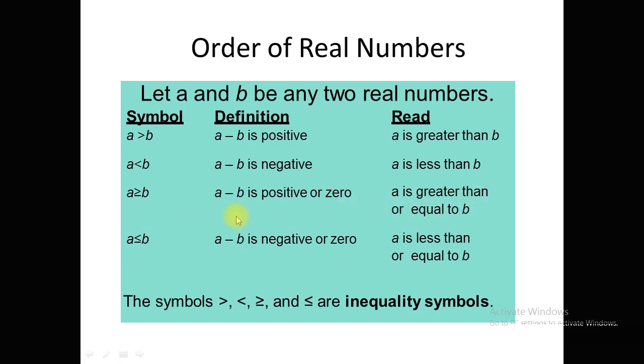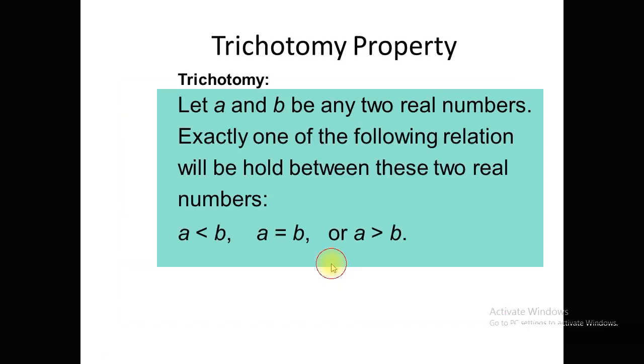A is greater than or equal to B means A minus B is positive or 0, and A is less than or equal to B means A minus B is negative or 0. So these symbols, greater than, less than, greater or equal, and less or equal, are all inequality symbols.